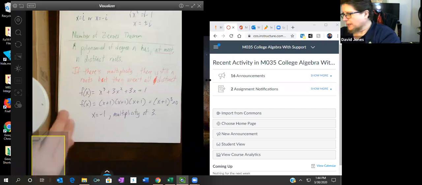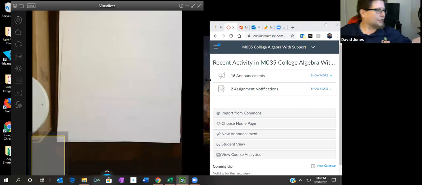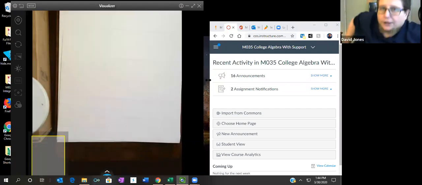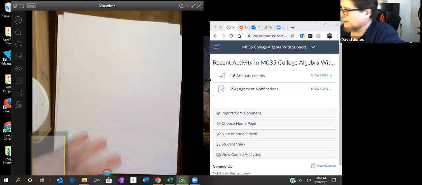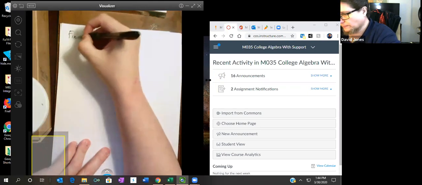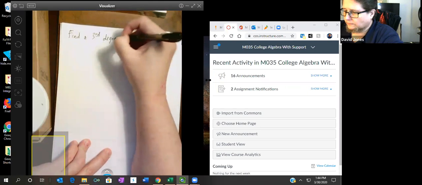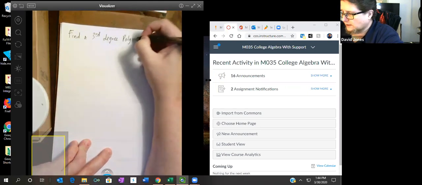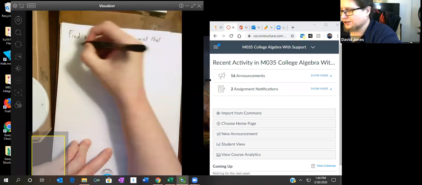Okay, so here's some other things they'll give you. These are actually good mental challenges. I'm going to walk you through how to do a couple of them like this. They'll tell you, here's an example. Find a third degree polynomial that satisfies the following conditions.